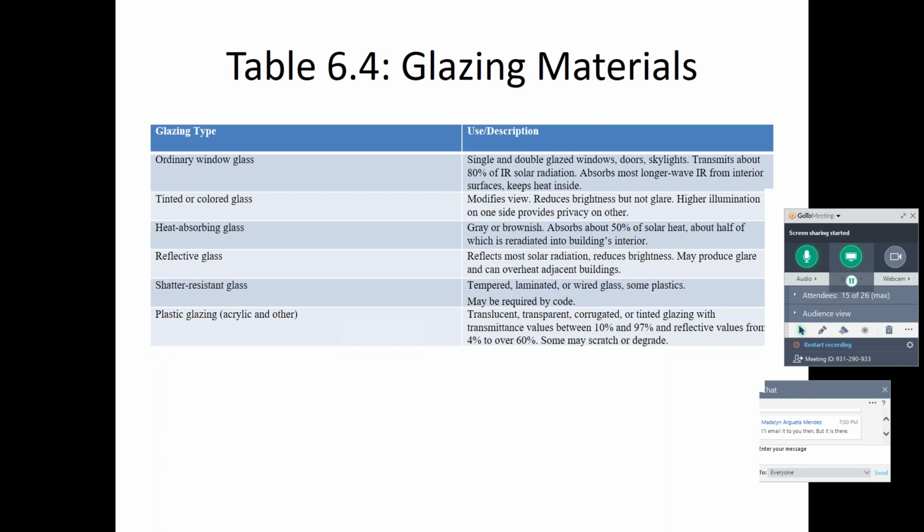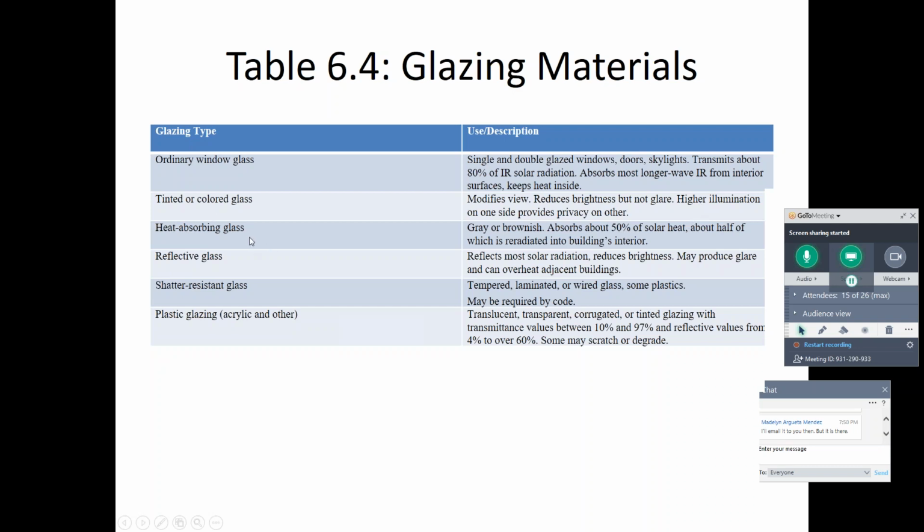Maybe it'll make more sense as we continue to go on. So here, let's go to here. Glazing type, ordinary window glass, right? So we have types of glazing, but they all have to do with the glass. So this is what I'm getting at. Single or double glazed windows, doors, skylights, transmits solar radiation, absorbs longer waves of IR from interior surface. Or we could have a tinted type of glass, which modifies the view, reduces brightness but not glare.